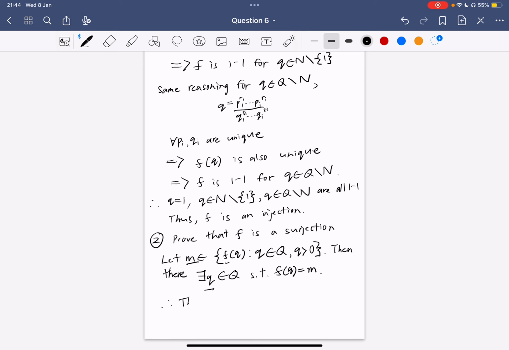Thus, f is also surjective. Finally, f is a bijection.